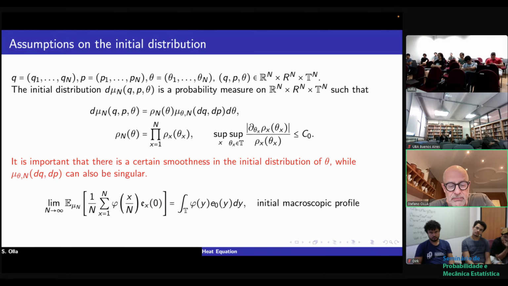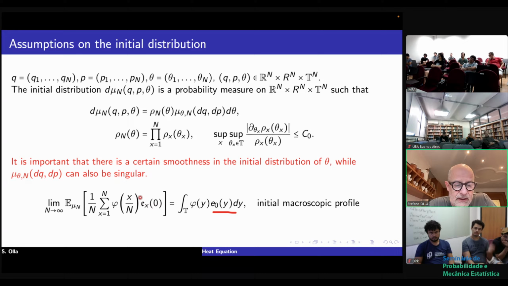And then you also need to ask that you have an initial profile for the energy. So you look at a local law of large numbers for the energy, and you have to converge in this sense to some initial profile E_0(y). E_0(y) doesn't need to be absolutely continuous, but let's take it absolutely continuous.